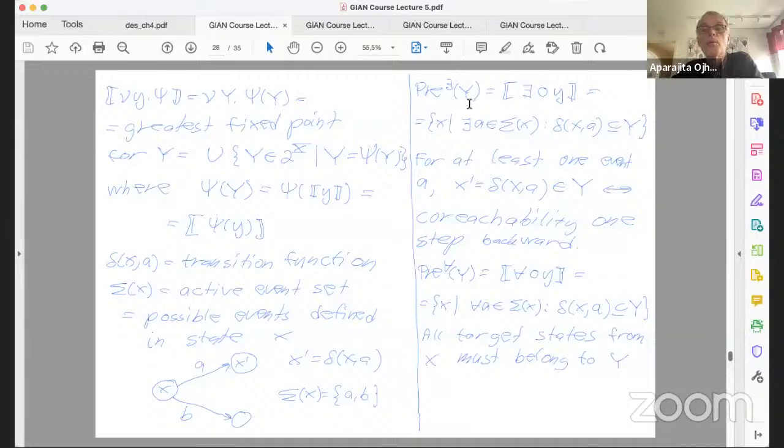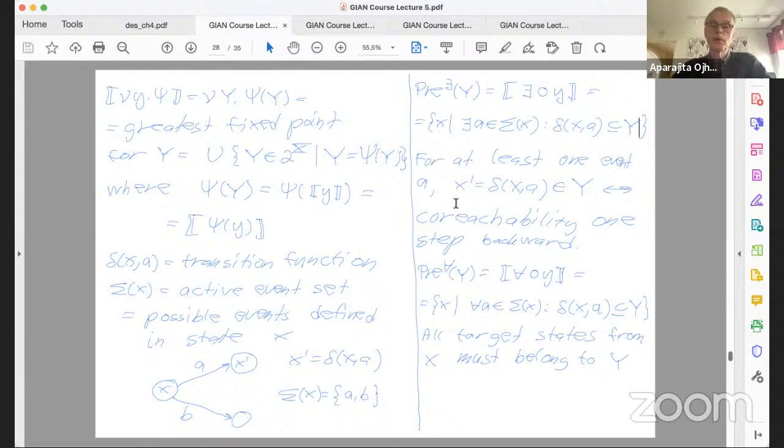So if you go one step backward, so to say, the pre of state set Y means that you're looking for states from which you can make a transition to a state that is a member of Y.